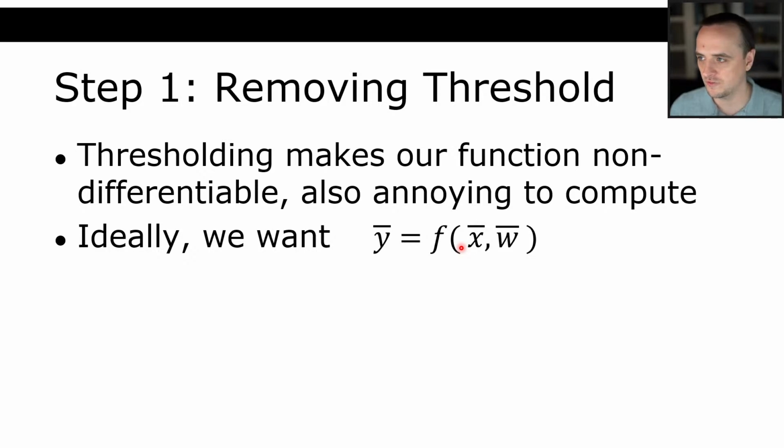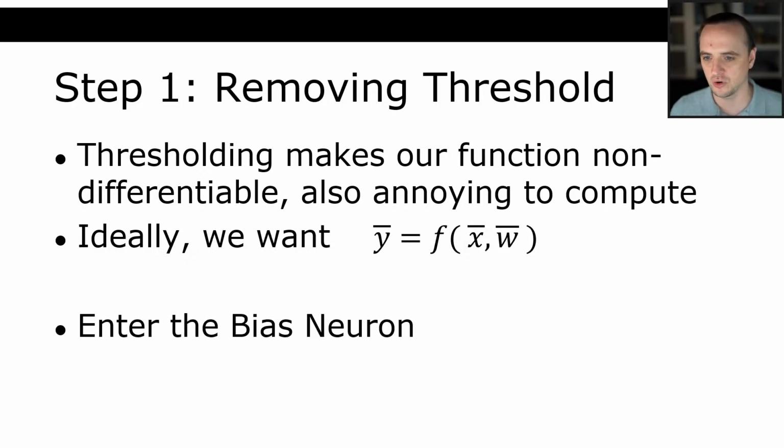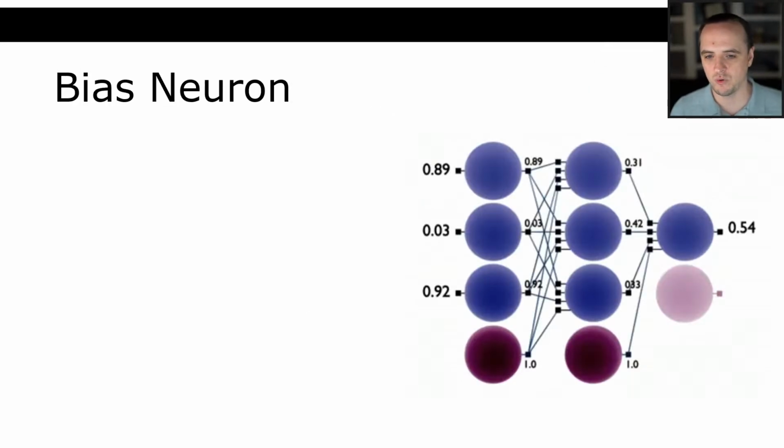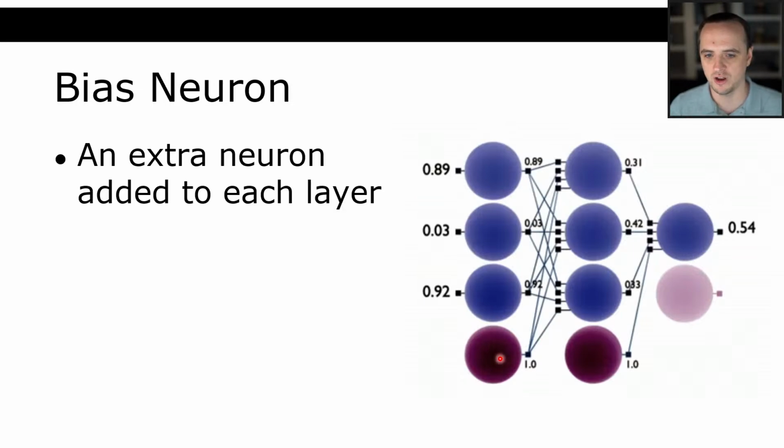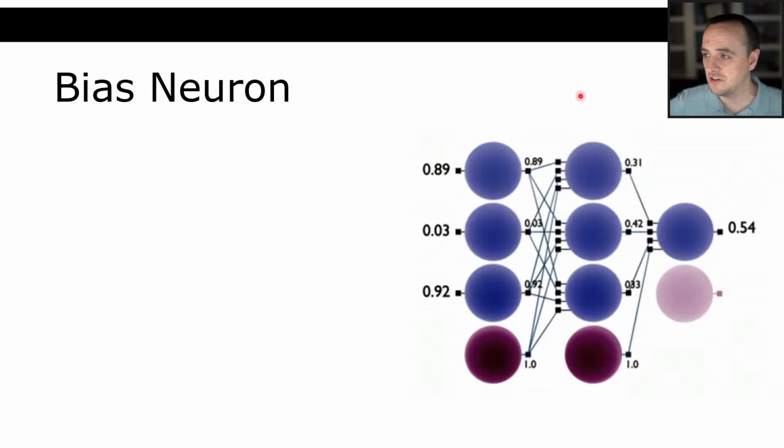And so one of the ways that they've done away with this threshold is by having this thing called a bias neuron. So a bias neuron in the network is an extra neuron added to each layer. I really didn't explain layers, did I? I think I missed an entire slide somewhere, and I sincerely apologize for that. So a neural network is made up of different layers of neurons.